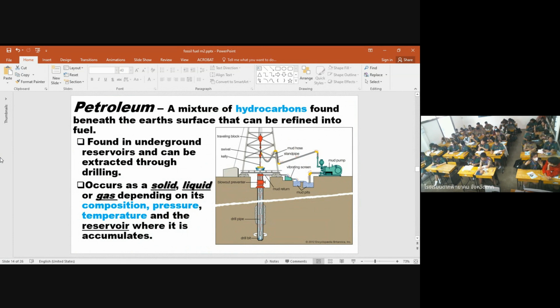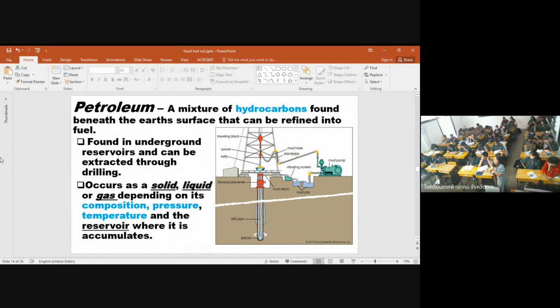It is found underground, or below the surface, in a reservoir that can be extracted through drilling. This one is called drilling, it's like digging the ground.